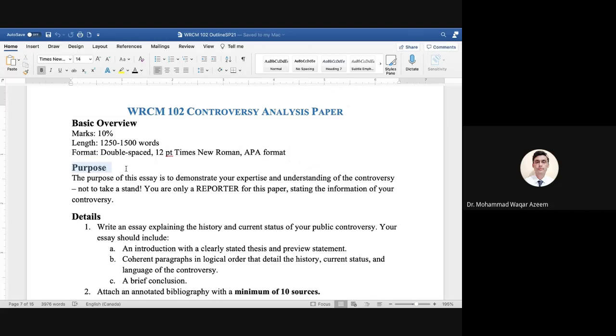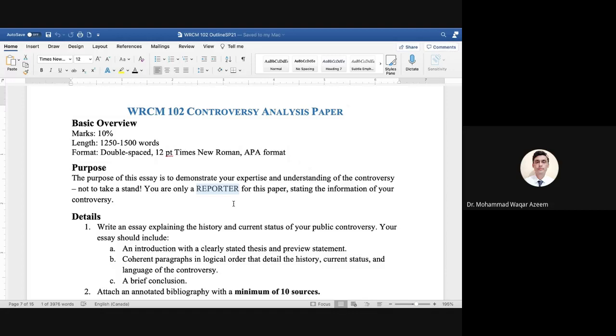The purpose of this essay is to demonstrate your expertise and understanding of the controversy, not to take a stand. You're only a reporter for this paper, stating the information of your controversy. So you know what the role of a reporter is.